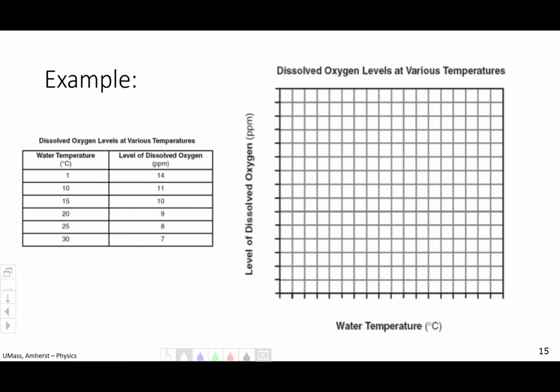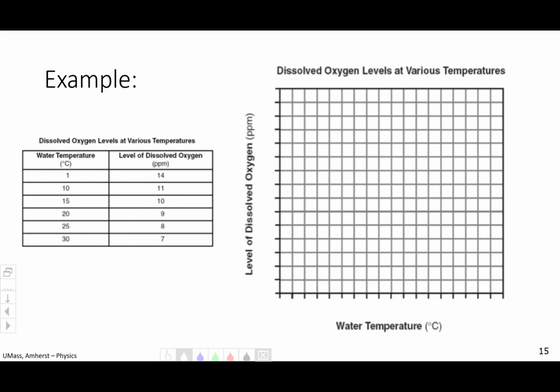If you can push a button or turn a knob or do something to change that variable directly, that's going to be your independent. On the y-axis, the dependent variable is the thing that is supposed to change when you change the x-axis, the independent. So when I do something to the x-axis, the independent, something should happen to the dependent on the y-axis.